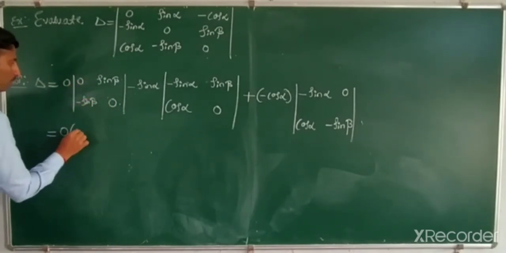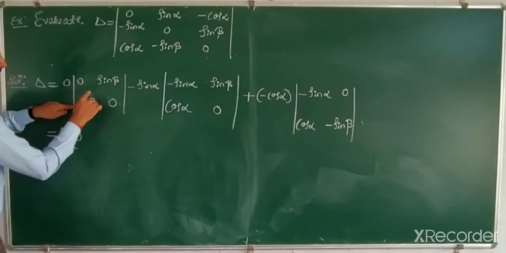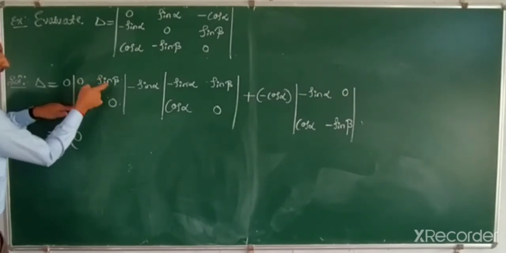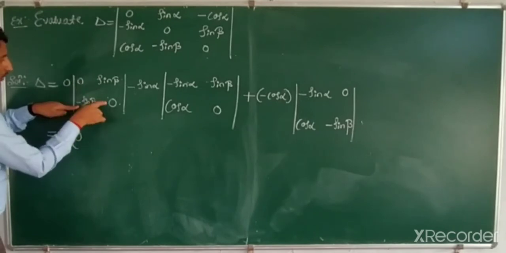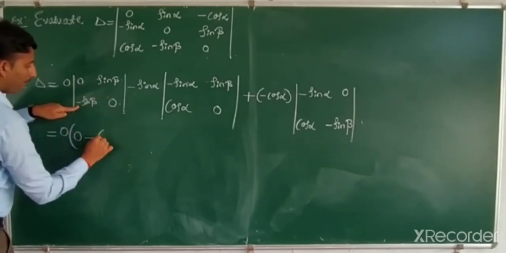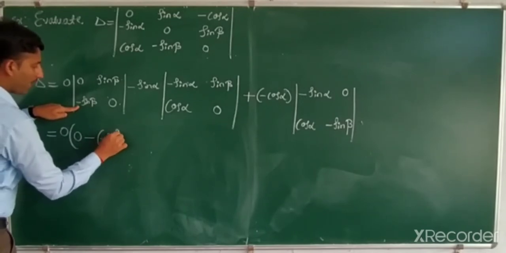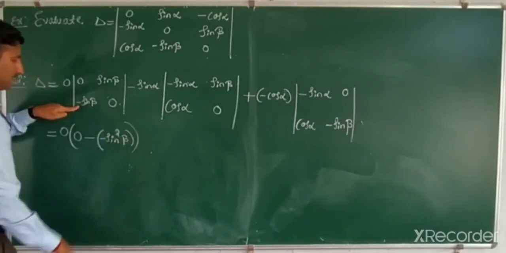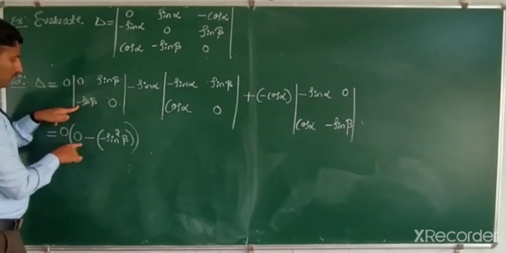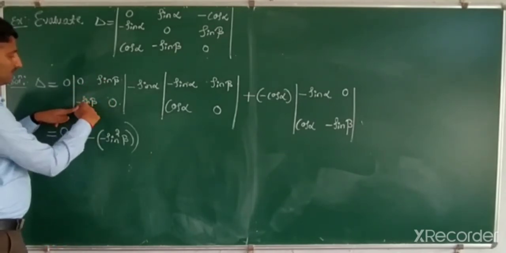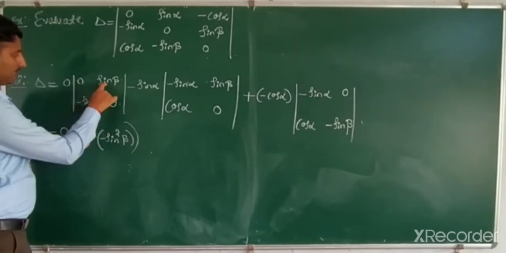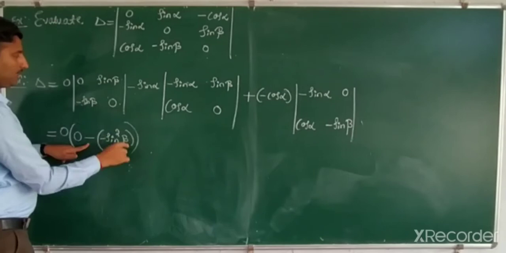0 into 0 is 0, minus is there, 0 into 0. AD minus BC. 0 into 0 is 0, minus sin square beta. Correct? Minus sin square beta. Just observe, 0 into 0 is 0. Minus is the formula, minus of minus, that is minus sin square beta, 0.